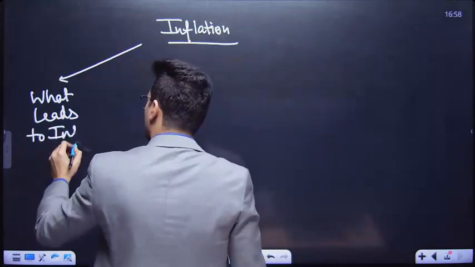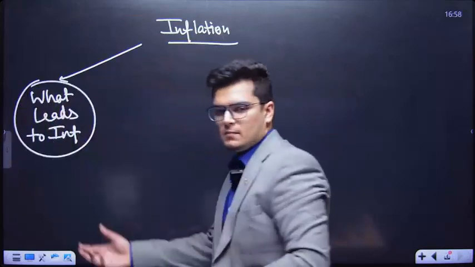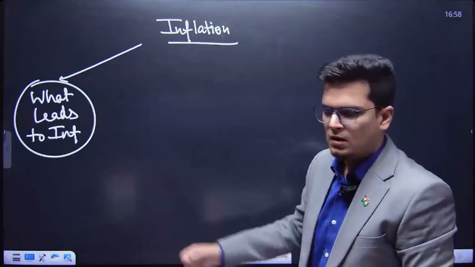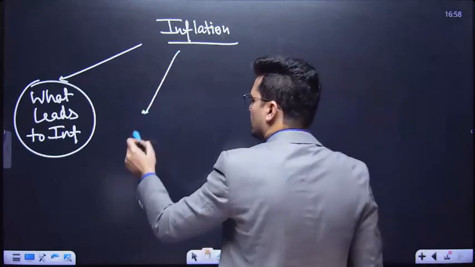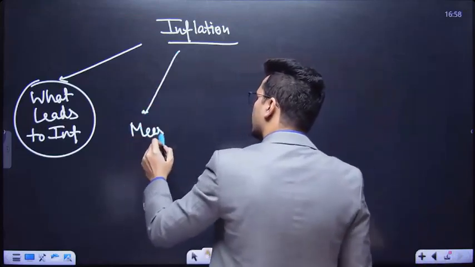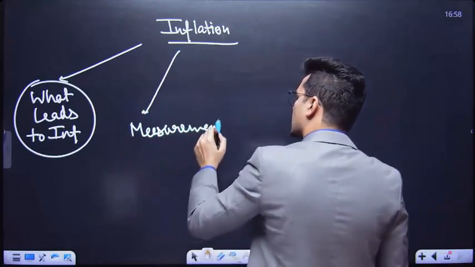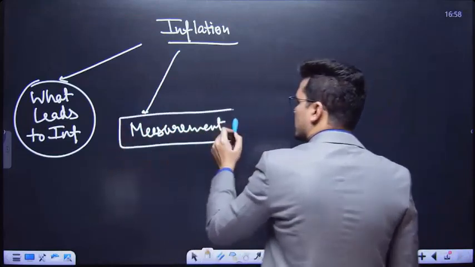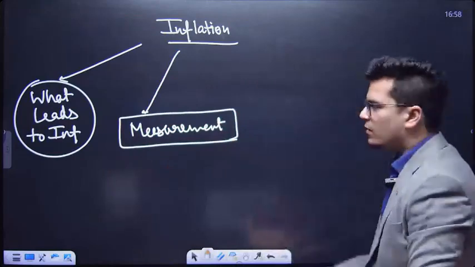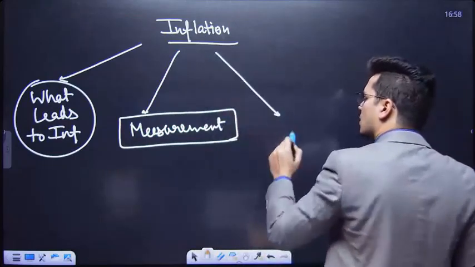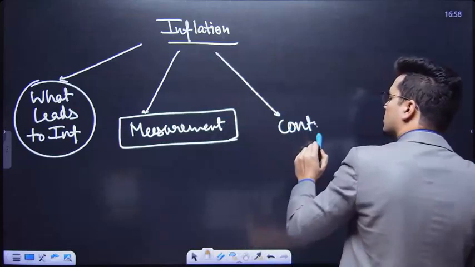Why does inflation happen? This is one of the topics. Then one of the topics became the measurement of inflation. How am I supposed to measure it? Then one of the topics became the controlling of inflation.